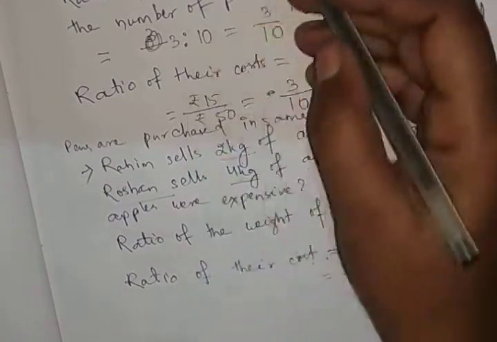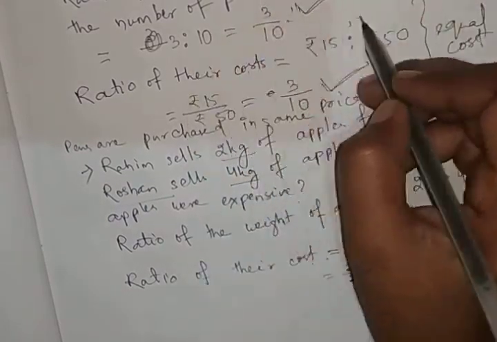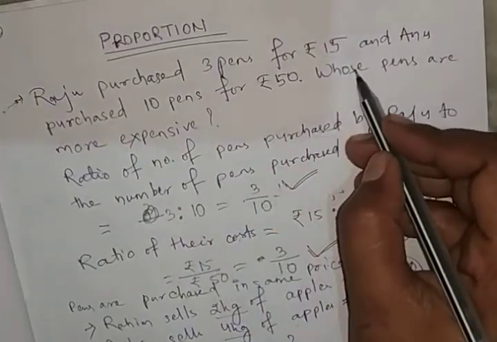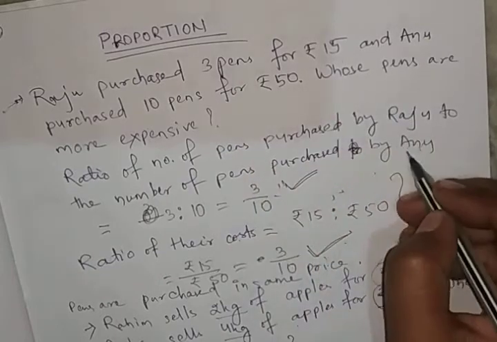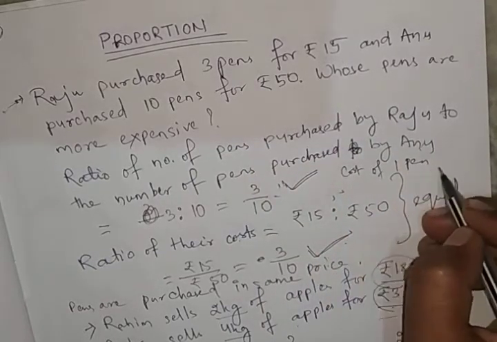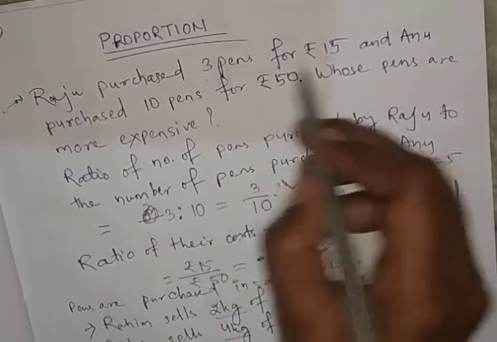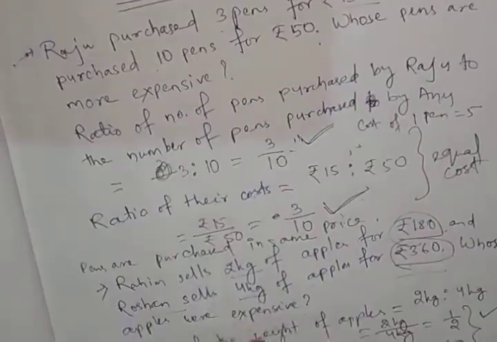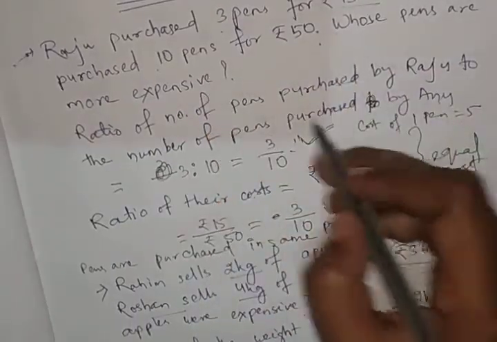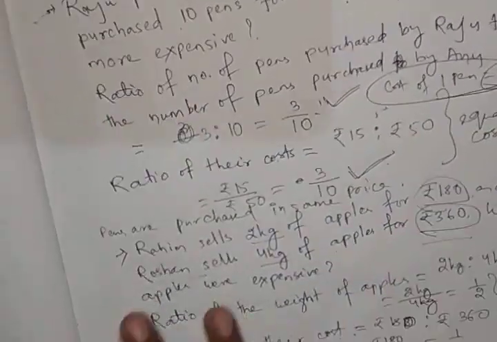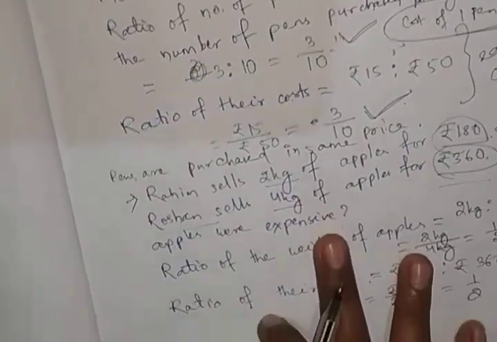If you see, 3 pens for 15 means 1 pen costs how much? 1 pen costs 5 by the unitary method. Then 10 pens for 50 means the cost of 1 pen is how much? Here also the cost of 1 pen is 5. That's why the pens were purchased at the same price.